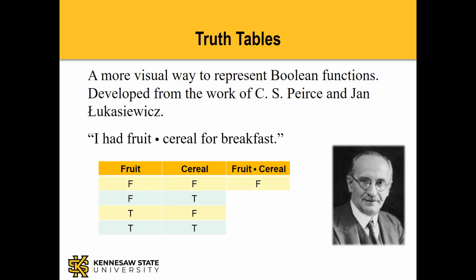If fruit's false and cereal is false, the result is false. If fruit's false and cereal is true, the result is false. If fruit's true, cereal's false, the result is still false. The result is true only when both fruit is true and cereal is true. That's the AND function. Let's look at another one.